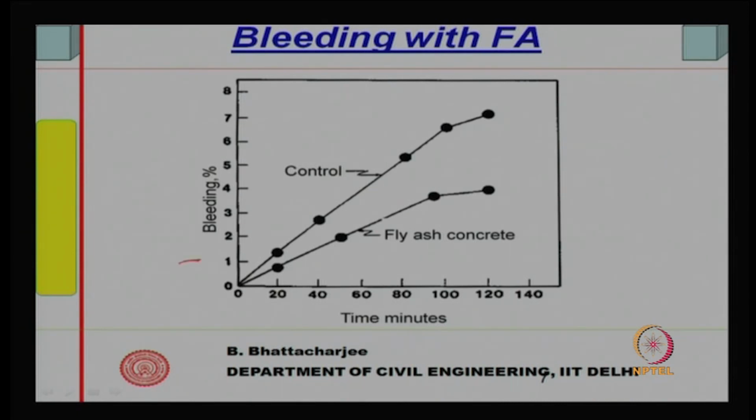Now, what is bleeding? You see, specific gravity of water is the least amongst the constituents of concrete. Cement has a specific gravity of 3.14, that is the mass of the cement divided by the volume of the cement solid. So, that is actually specific gravity.